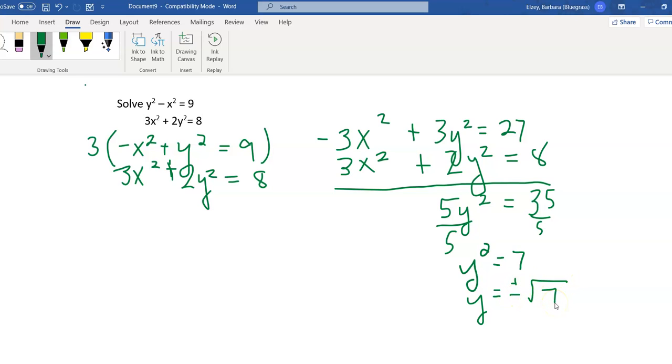All right, now we need to go back and get our x's. It doesn't matter which one of the equations I put it in, it's going to be about the same amount of work. So I'll put the positive square root of 7 back in this first equation for y. So we'll have square root of 7 squared minus x squared equals 9. And let's solve that. So square and the square root will cancel out. We'll get just plain old 7.